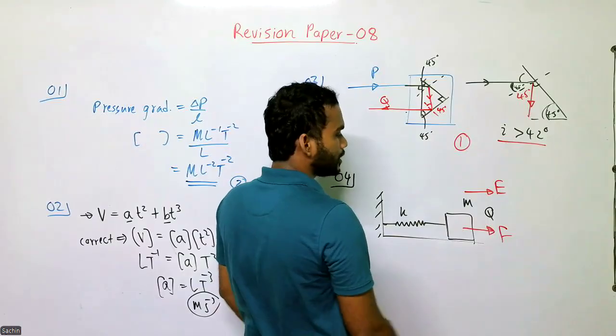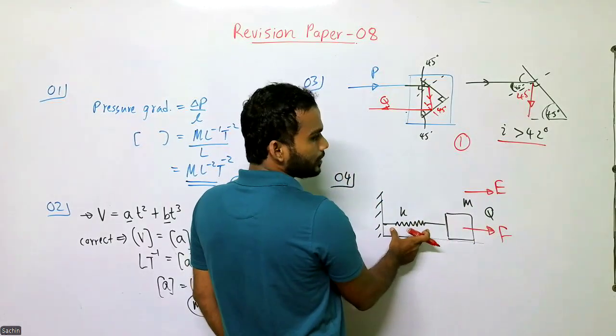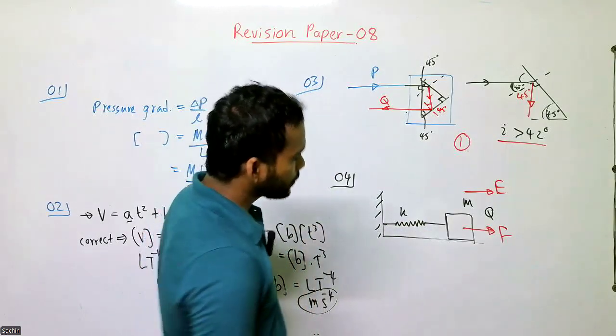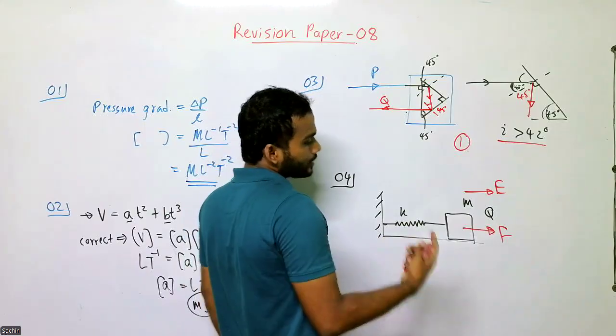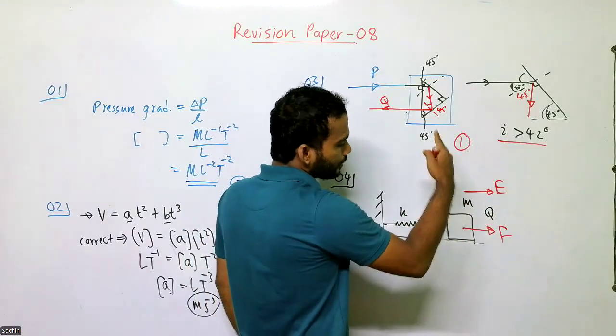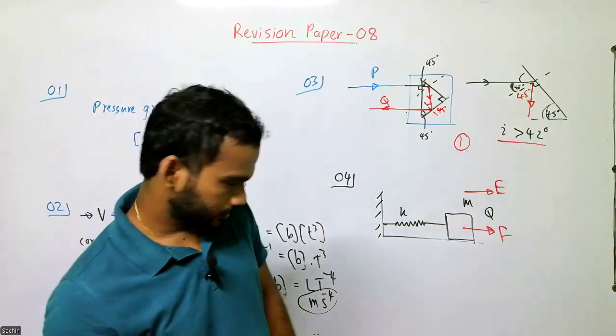Now when it tries to move in that direction, the spring will be stretched, right? When the spring gets stretched, there will be a third and fourth force: weight, reaction, this electric force, as well as the spring force.